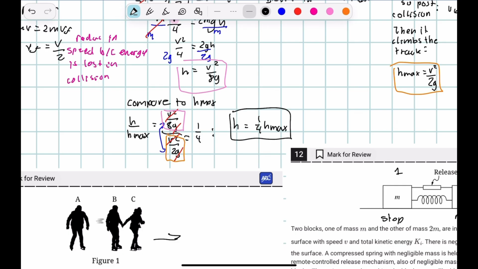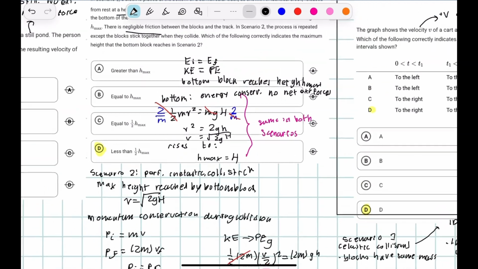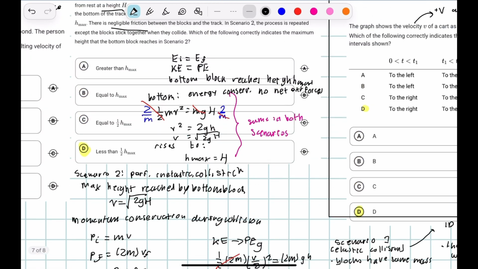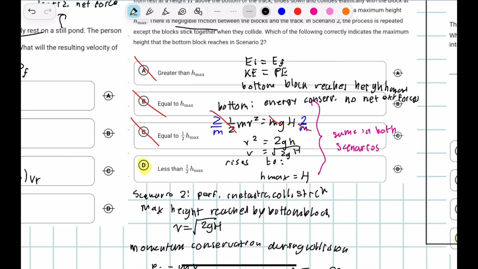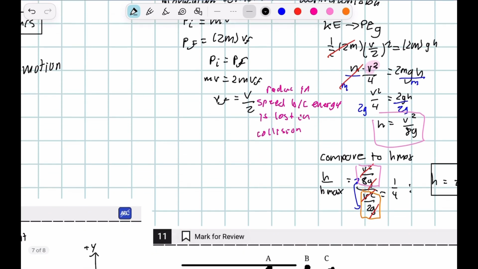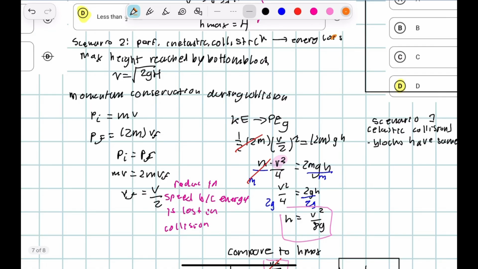So now we have to find which of these answer options this matches. This is going to be less than 1 over 2 h max, because it's 1 over 4, and we know that option is not right. For C, this would have been true only if no energy was lost in the collision, but we know that in a perfectly inelastic collision there is energy loss. When does that loss happen?